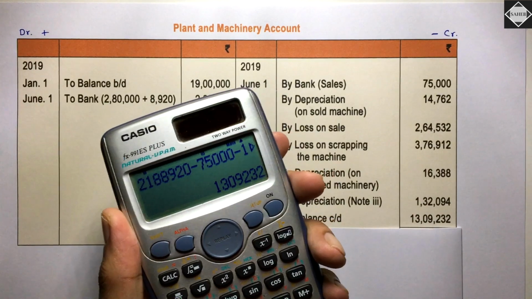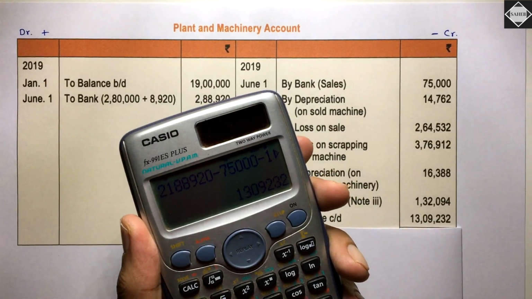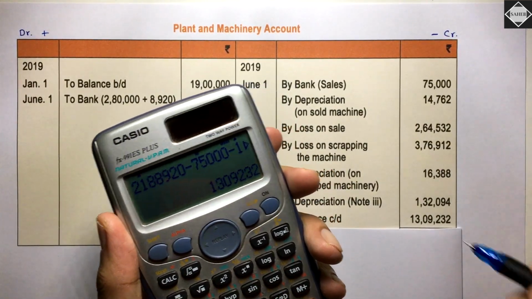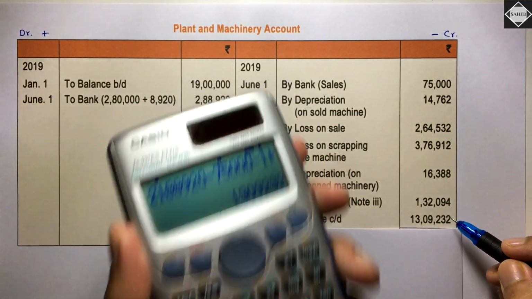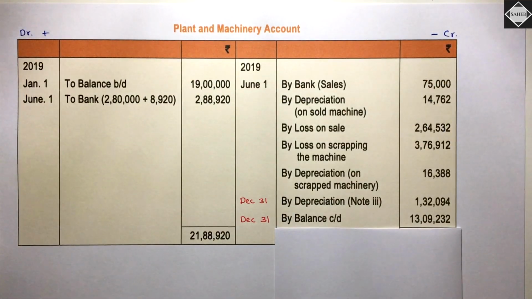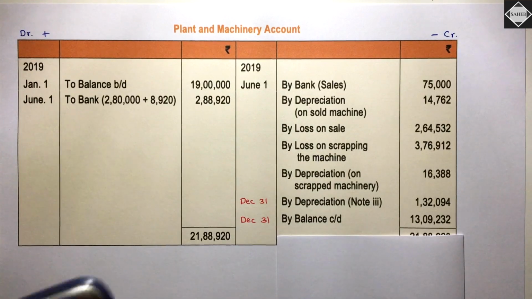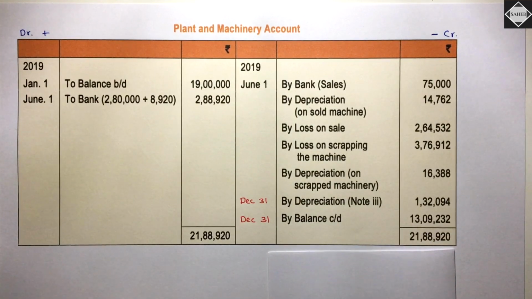That is equal to 13,09,232 rupees. That is the closing balance of the plant and machinery account, or you can also say the WDV of the machinery. Which machinery? Machinery 3 and the remaining machinery.